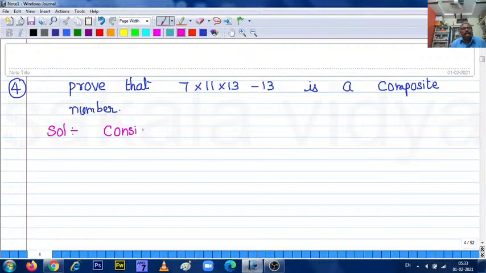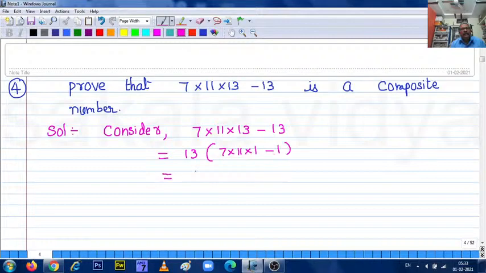Consider 7 times 11 times 13 minus 13. Here take 13 common. We have 7 into 11 into 1 minus 1. Let us simplify. 13 times you will be getting 77 minus 1. That is 13 times 76.